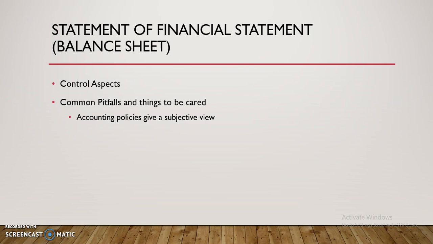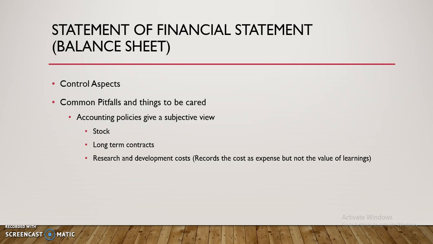Accounting policies give a subjective view, for example, depreciation rate, the valuation of goodwill, stocks. They do not really represent a correct view, because there are some subjectivities. Take research and development cost: you may be recognizing it as expense, but there is no value of learning.